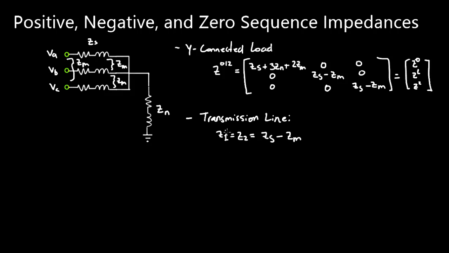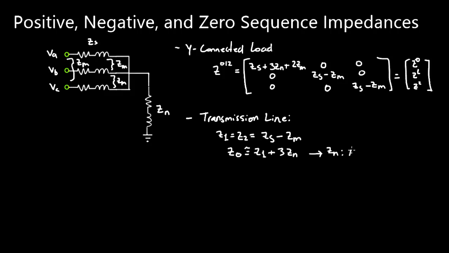Now, what's interesting about transmission lines is that the zero sequence impedance is much larger. So the zero sequence impedance of a transmission line would be equal to roughly the positive sequence impedance plus 3 times the neutral impedance. So in this case, we're going to define the neutral impedance Zn.